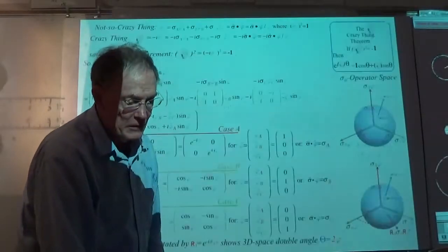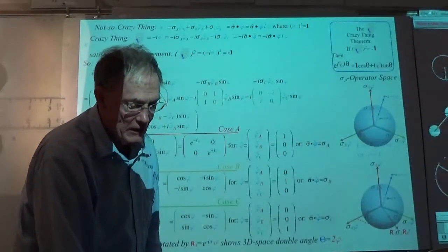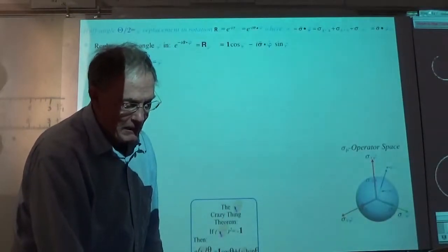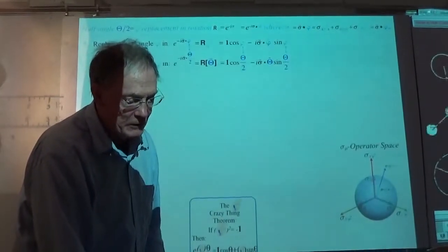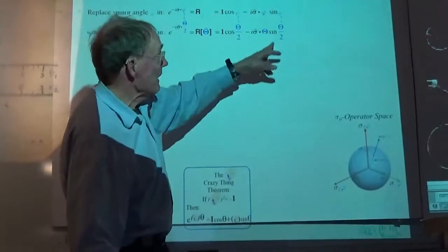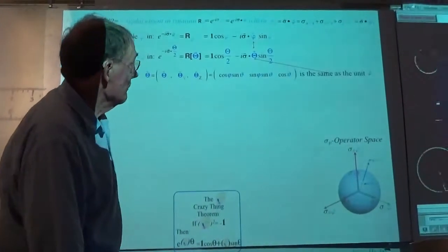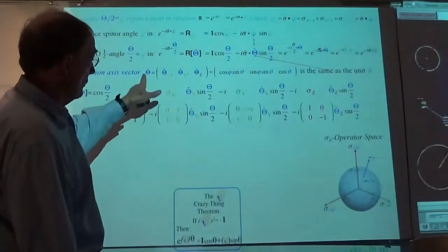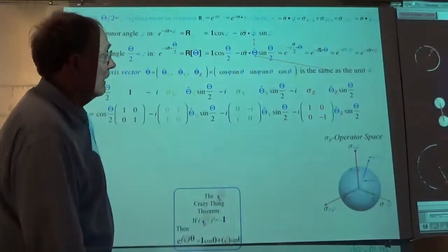We just looked at A, B, and C, D, and then some. But I don't have to remind you again that we have to do this half angle business. And that means replacing all of our formulas with these uppercase thetas.